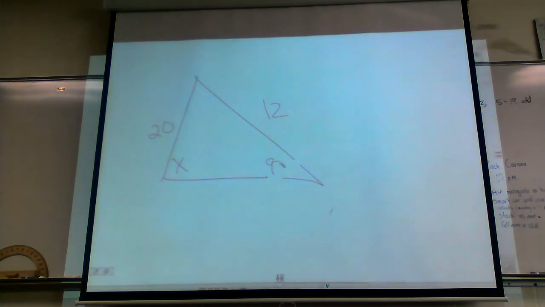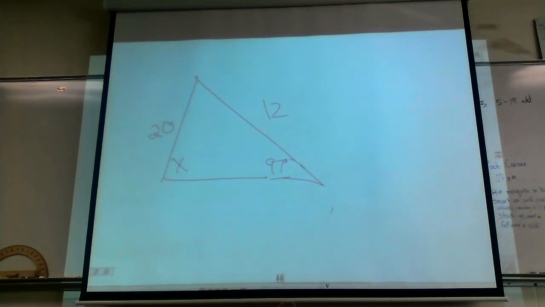Okay, so if I was doing this one again, I've got two sides, not included angle, and I want you to find me another angle. The two problems can be put together in one; I could also have you find this side too, but we're just going to do the angle now.